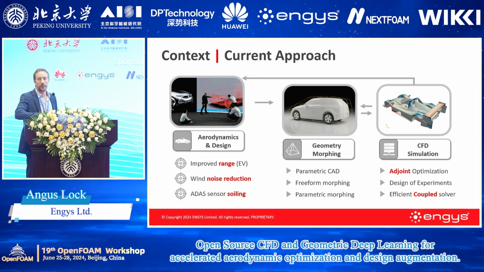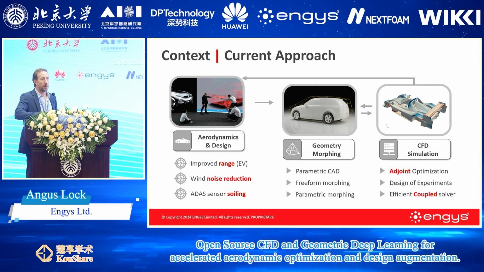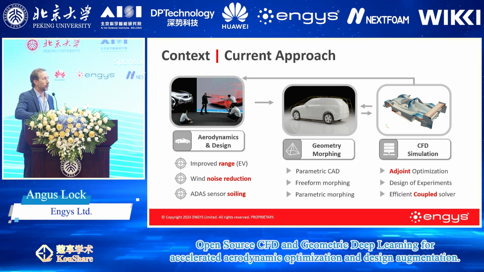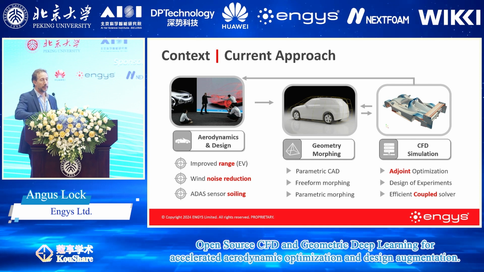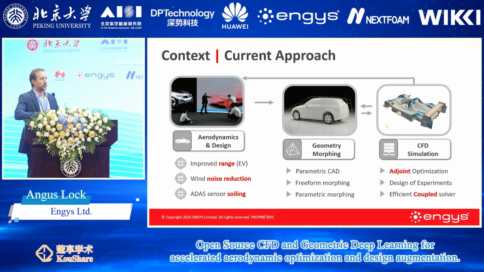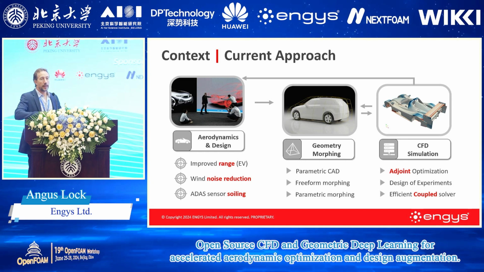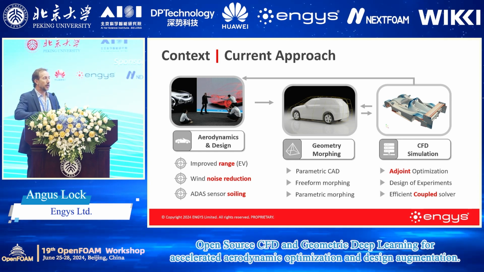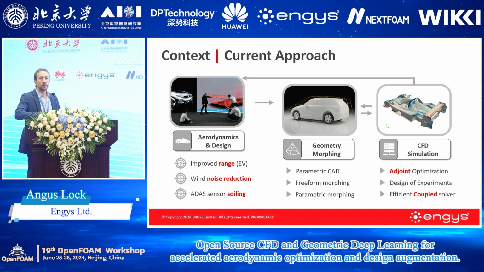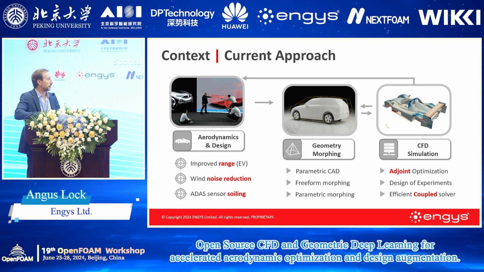Probably the key one is range, and range is really a function of aerodynamic drag. We don't care about range so much when driving in urban environments. We tend to be concerned with range when we're extra urban, going between cities, and at extra urban speeds, which tend to be higher, aerodynamics is the dominant loss in the electric vehicle.